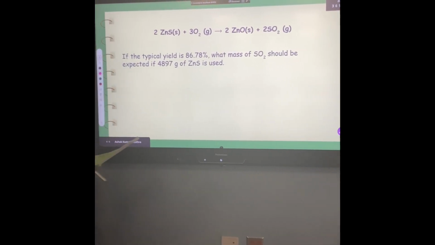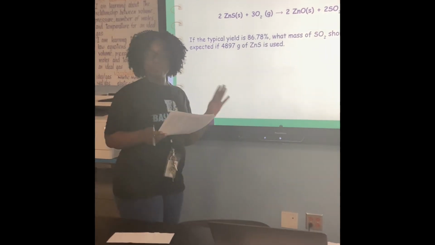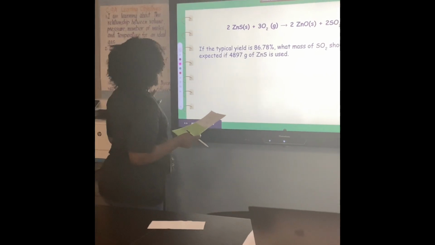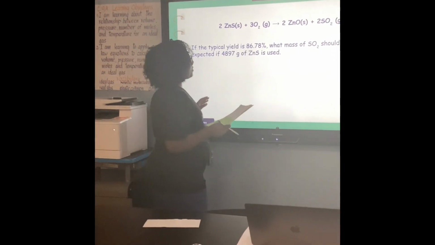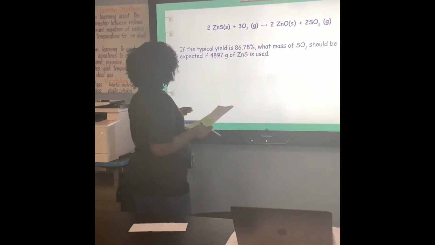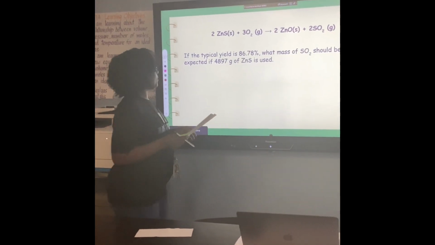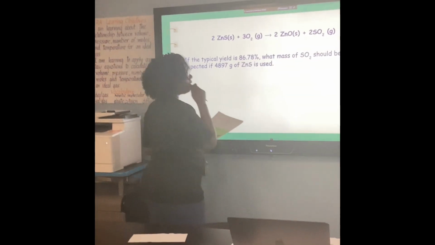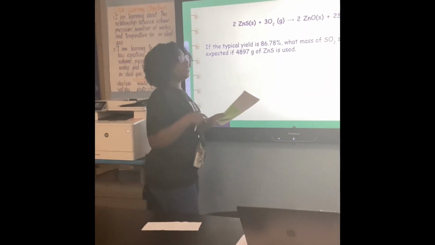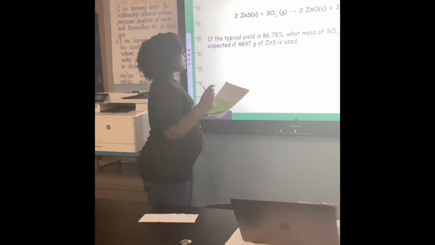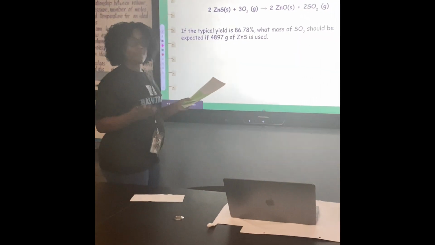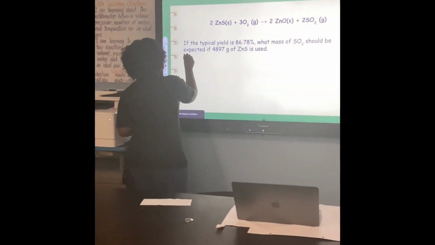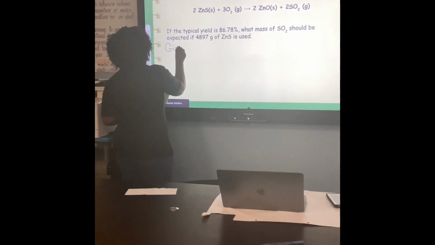All right. So the first thing I must do is read the problem. If the typical yield is 86.78%, what mass of sulfur dioxide should be expected if 4897 grams of zinc sulfite is used? So how does it look with the PAPER strategies when we're dealing with the math component? Well, first I need to identify what's given in the problem. What's given is our equation.